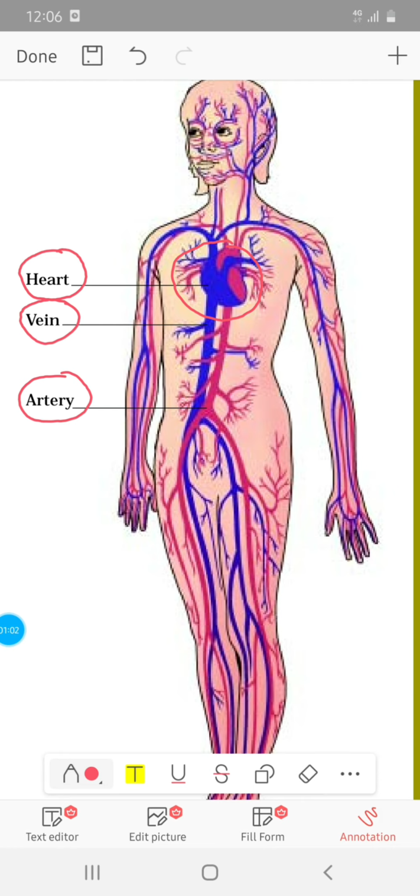Now what is blood? Blood is the fluid which flows in blood vessels. It transports substances like digested food from the small intestine to other parts of the body. It carries oxygen from the lungs to the cells of the body. It also transports waste for removal from the body. So these are the functions of blood.